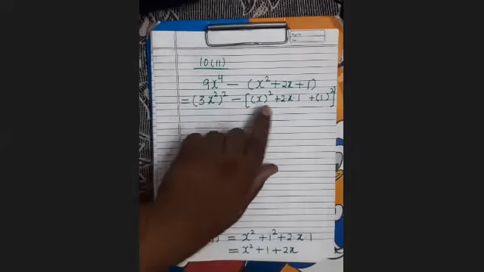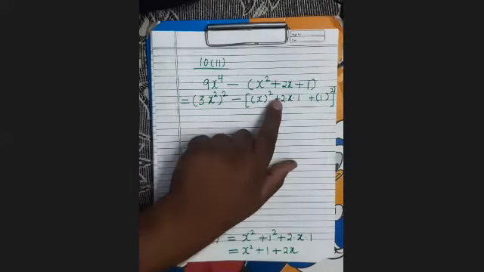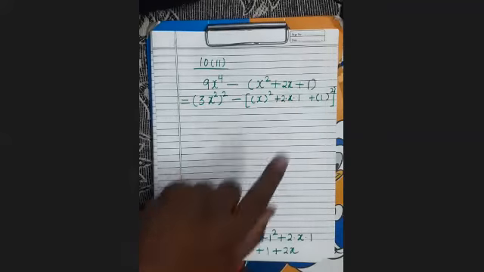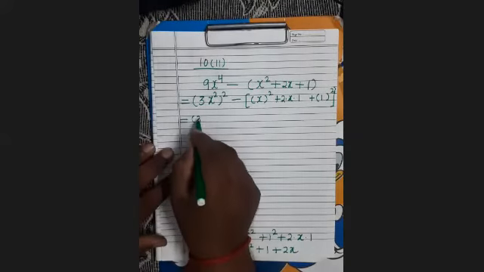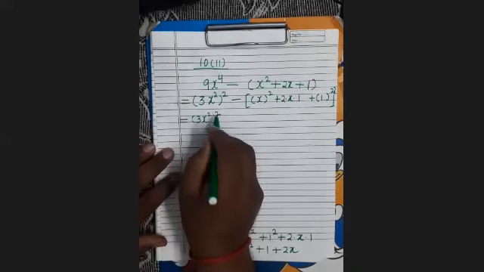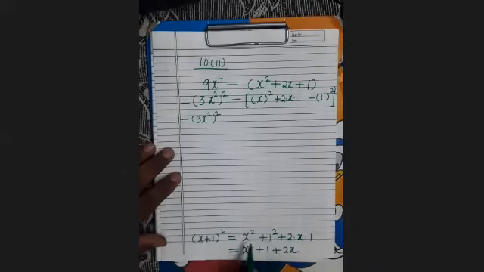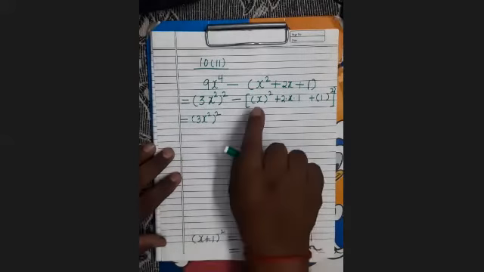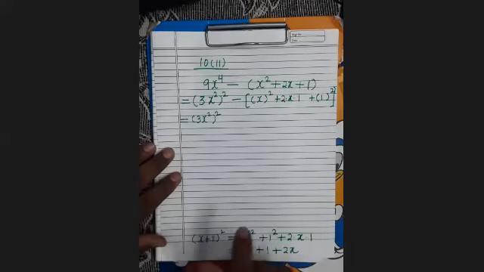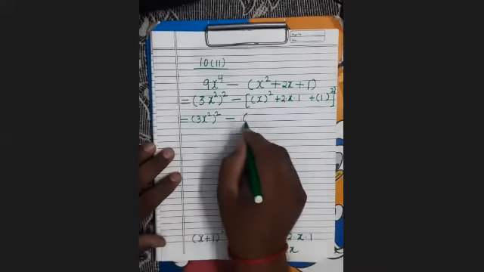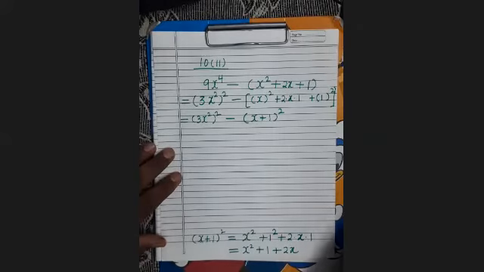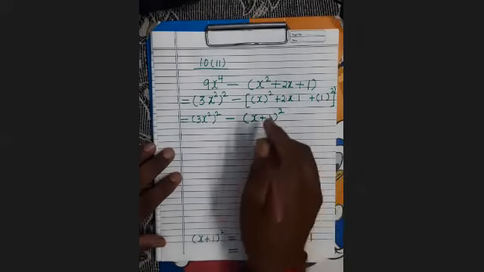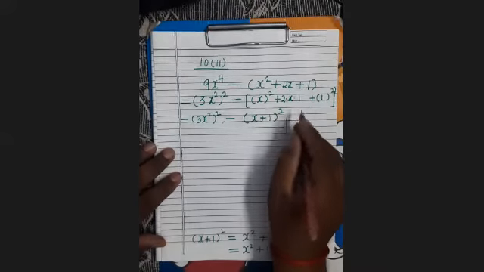So see here, this is 3x square whole square, and from here you can write it as a plus b ka whole square. So it is x plus 1 ka whole square. It's clear? We have used this formula.